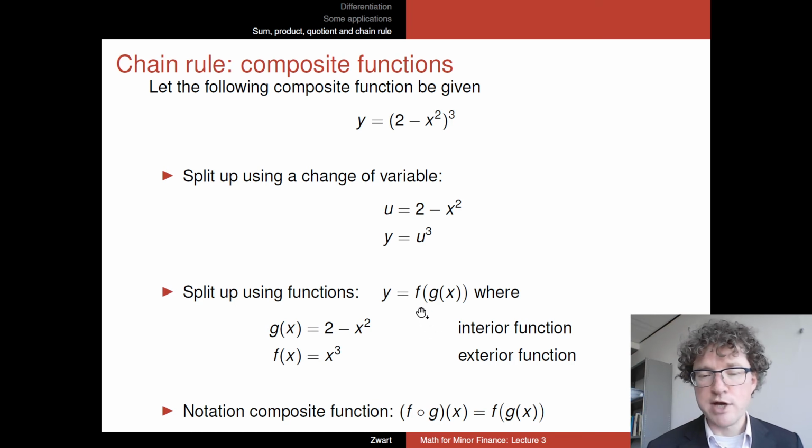This is a common notation, f applied to g of x. A different notation that's also sometimes used by mathematicians is f with a little circle g, pronounced f after g of x. So you first apply g and then f. That's basically what it means, since mathematicians, as you know, read from right to left.